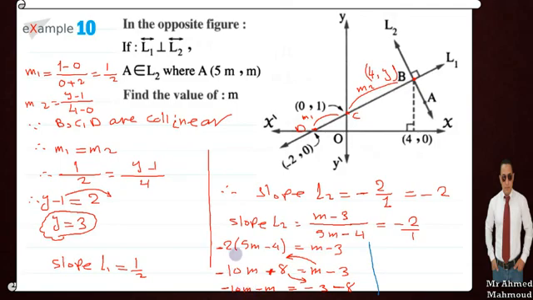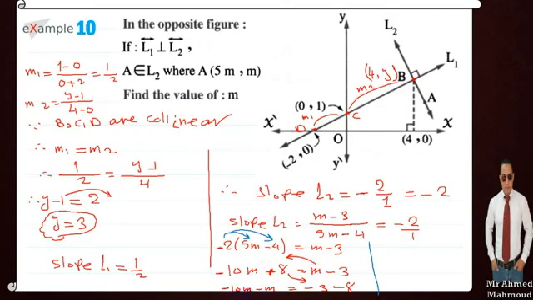Here negative 2 times 5m minus 4 equals m minus 3. Negative 2 times 5m equals negative 10m. Negative 2 times negative 4 equals positive 8. Okay, negative 10m plus 8. Sending 8 there to be negative 8 and m from the right side to the left side to be negative m.